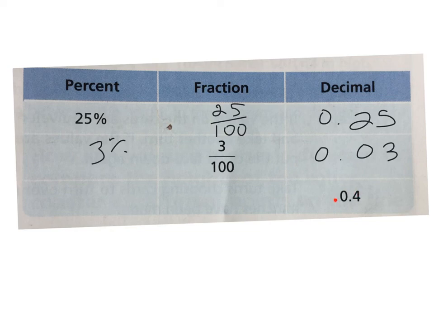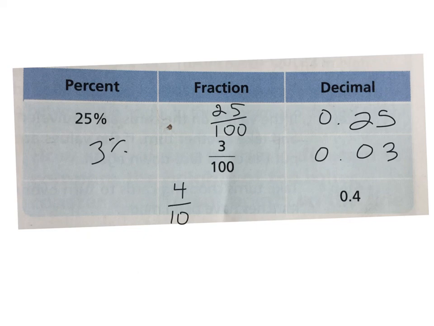Okay, so now 0.4. But there's no hundredths here. Can you press pause and try and figure out what this would be right here and right here? Since there's no hundredths, what would it be? Okay, so if you know that this is in the tenths place right here, 4 tenths, then we can write down that it would be 4 over 10.